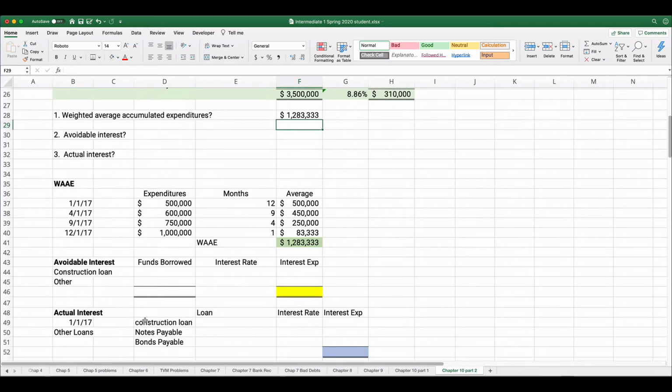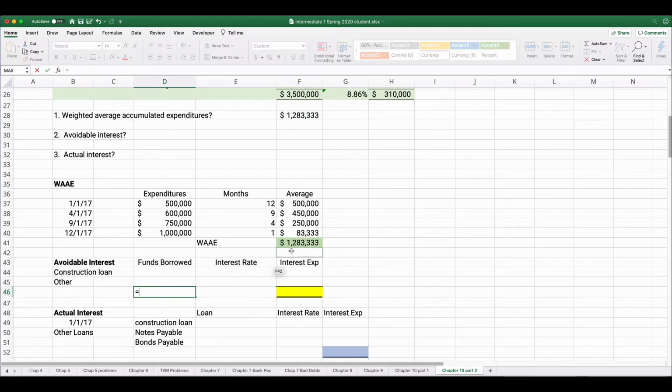So what is our avoidable interest? Remember, what if we borrowed that money and we had to pay interest? Or what if we'd taken that amount and paid off debt with it? If we paid off debt, we could have avoided some amount of interest, and that's the avoidable interest. Now, how much is our construction loan?